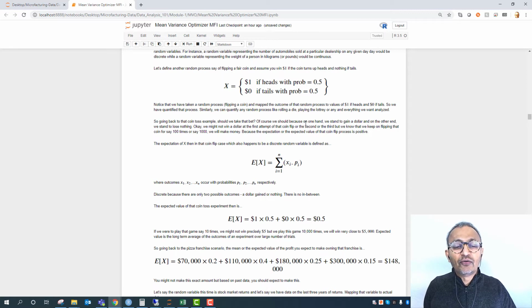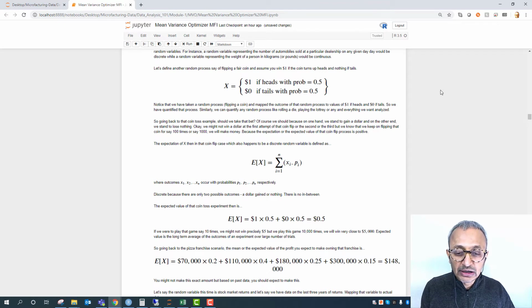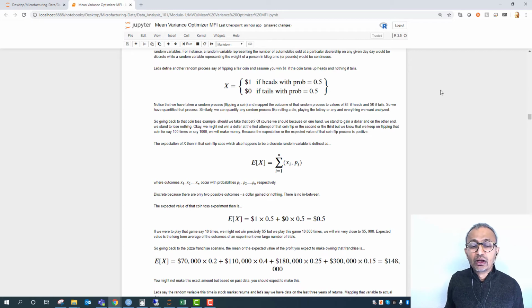So the expectation of X, which is what you would expect to make with that experiment in terms of profits, in terms of making money. There is a positive outcome because you win $1, right?